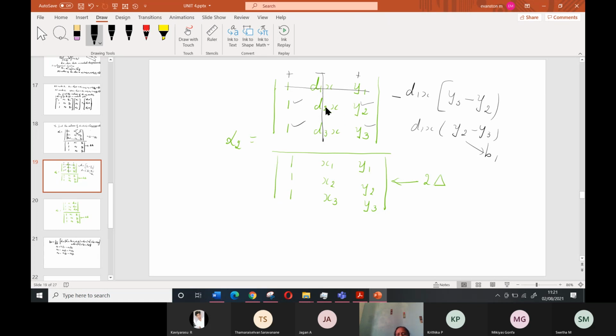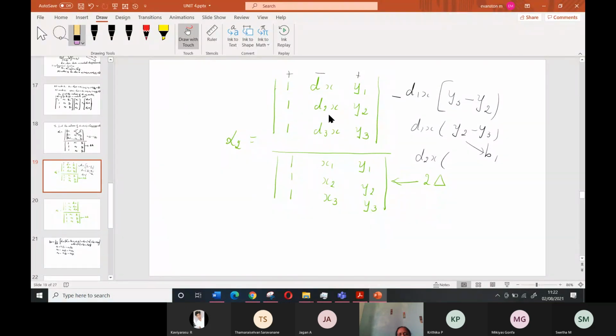Similarly, you can find out the b2 value, that is d2x into b2 value. Can you tell me the b2 value? y3 minus y1. Wait. B3 is what you are telling?